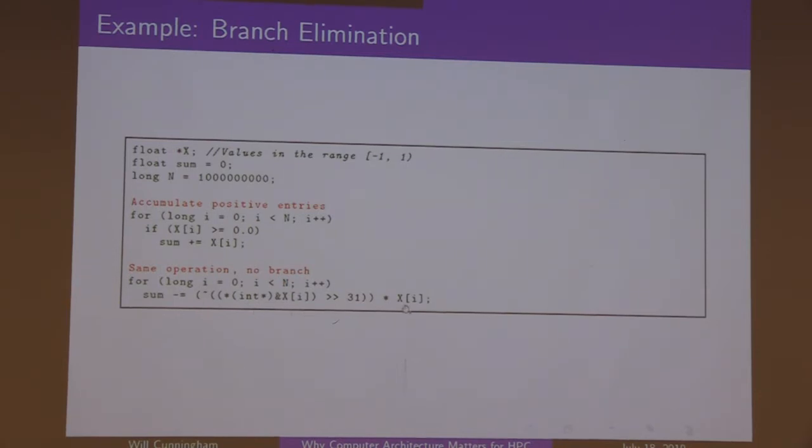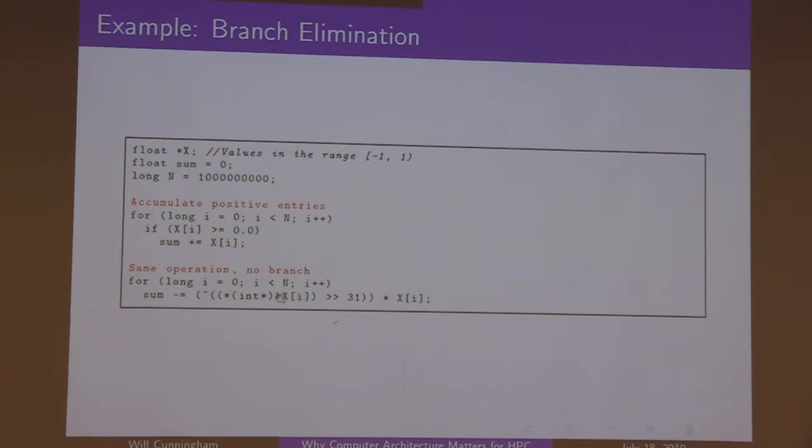And this crazy thing right here is going to evaluate to either -1 times the value x, or to 0. So I'll break this down a little bit. What's happening here is you have your data value here.